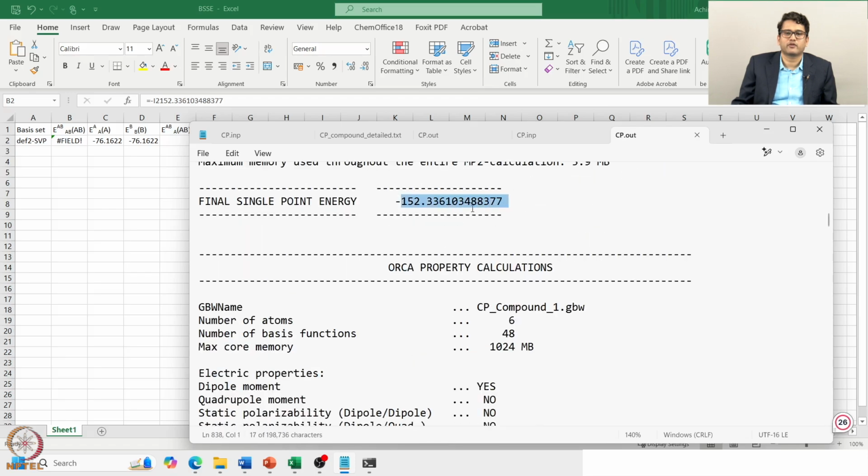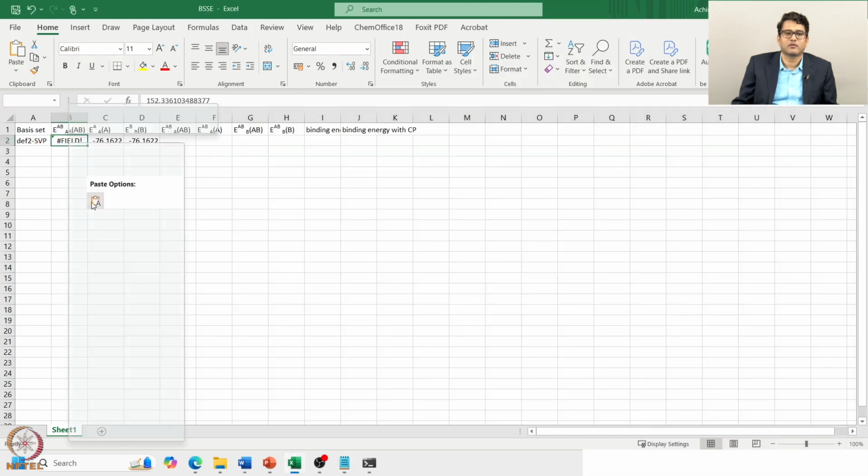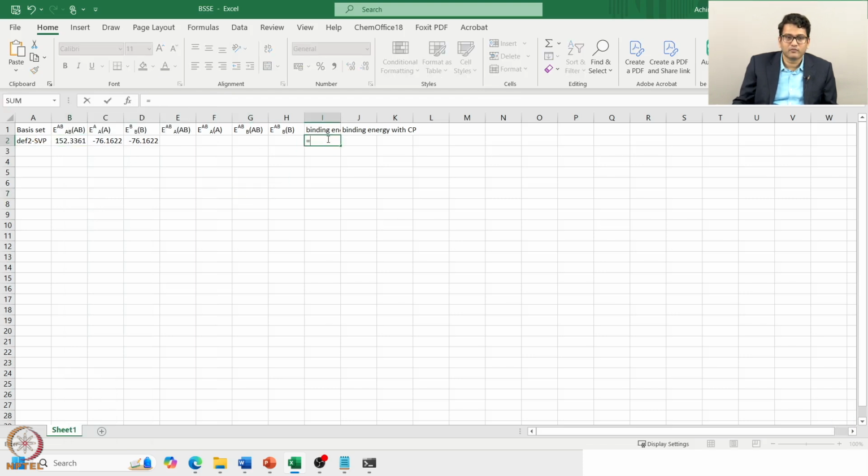So 152.328. Put a minus sign here again.